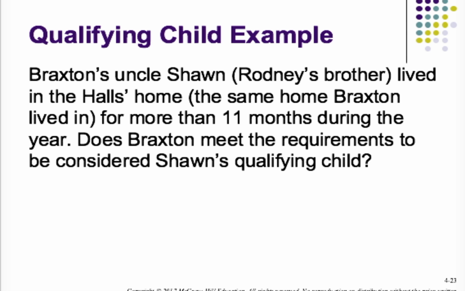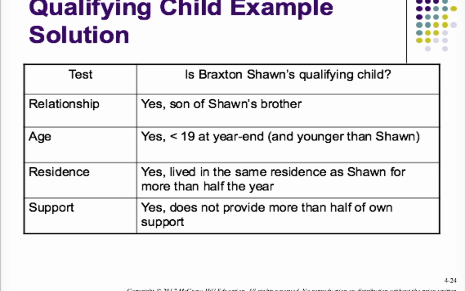Another qualifying child example. Braxton's uncle Sean, who's Rodney's brother, lived in the Hall's home, the same home Braxton lived in, for more than 11 months during the year. Does Braxton meet the requirements to be considered Sean's qualifying child? Well, let's plug him in here. Does he meet the relationship test? Yes. Age test? Yes. Residence test?